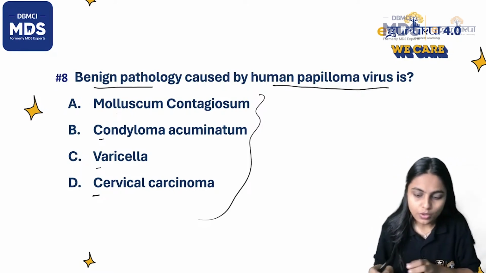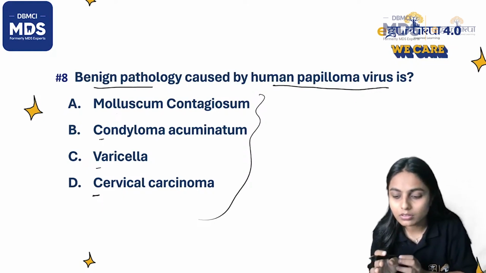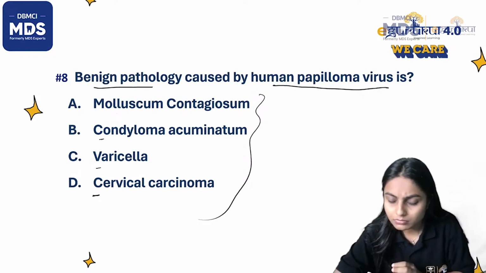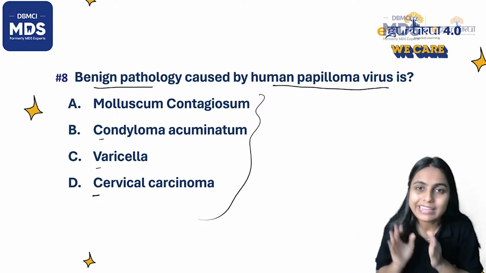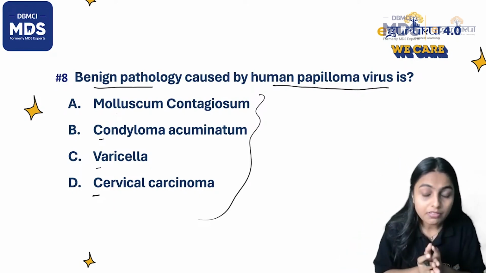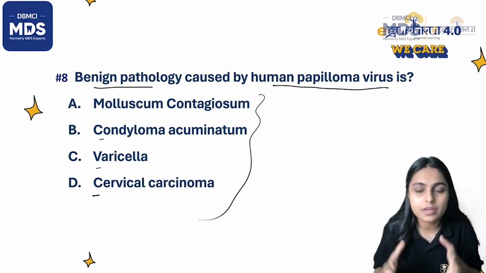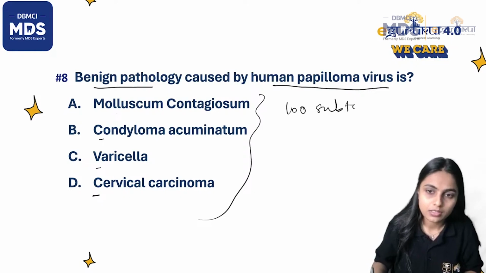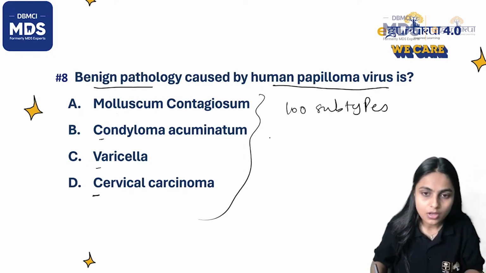So HPV belongs to the Papillomaviridae family, right? And HPV has hundreds of subtypes. Which two are the most important subtypes?